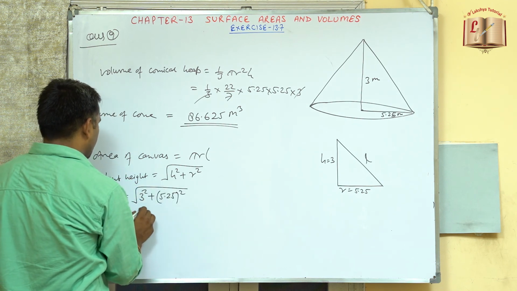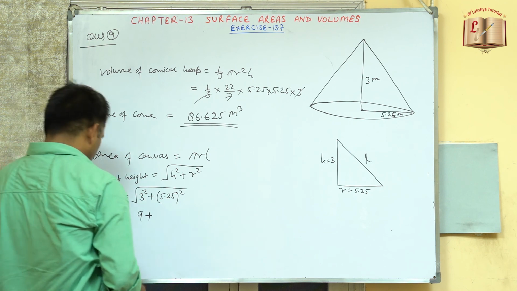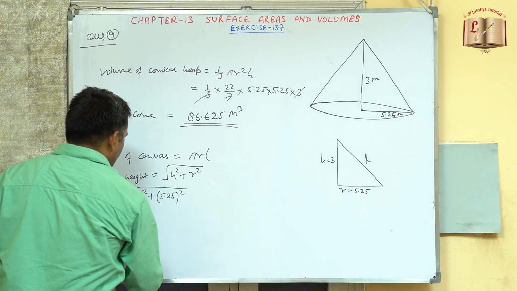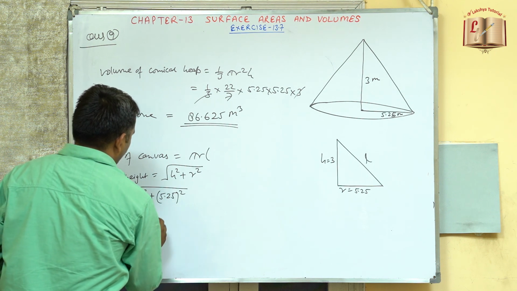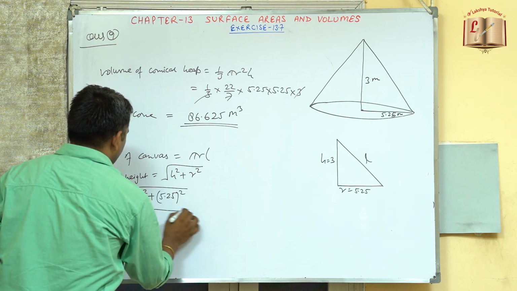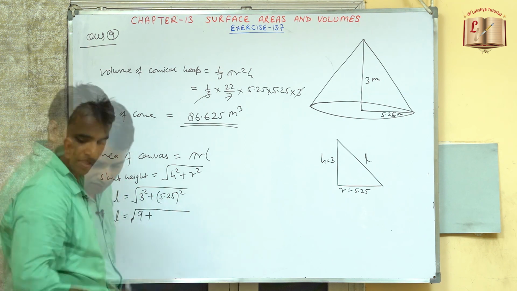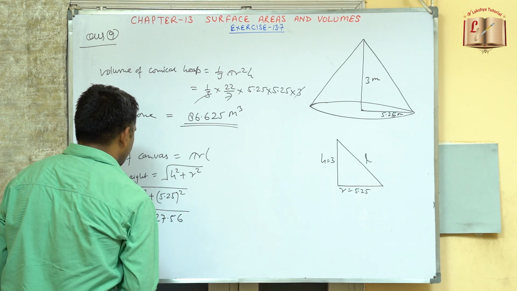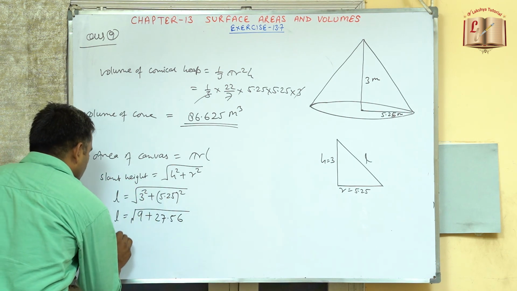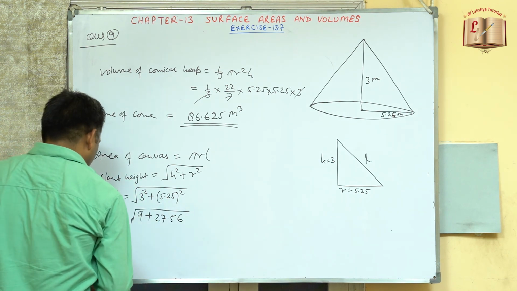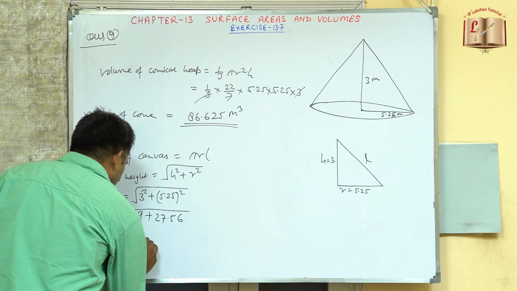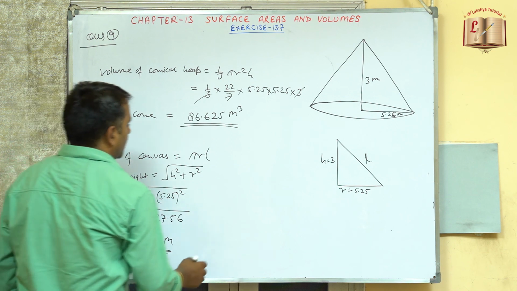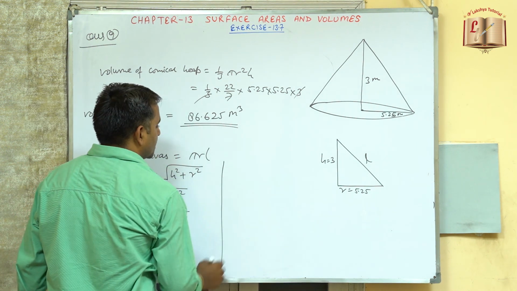Now l can be given as 9 plus 27.56, so on calculation l will be equal to 6.05 meters. So now we can find out the area of the canvas.